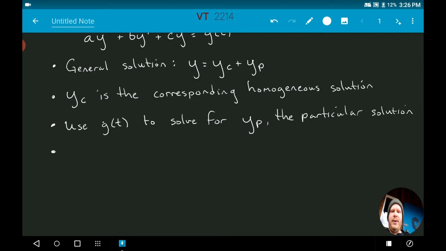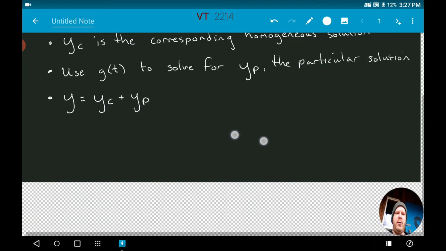And then the last step, again, is just going to be setting our general solution equal to yc plus yp. I'm writing this down as one step, but this is sometimes a lengthy process. So I am going to start off with an example to show you what this can look like.